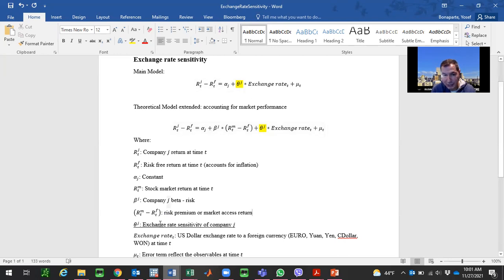Theta_j is a sensitivity. Usually I use theta for sensitivity because Robert Lucas and Tom Sargent, who both got the Nobel Prize, always use theta. So in our business, theta is the parameter for sensitivity. And then the exchange rate, like the US dollar exchange rate to foreign currency. The main currencies in the world are now the euro and the Chinese yuan.